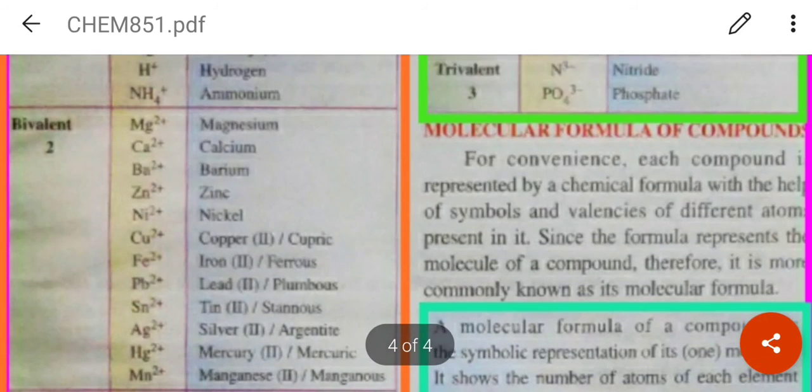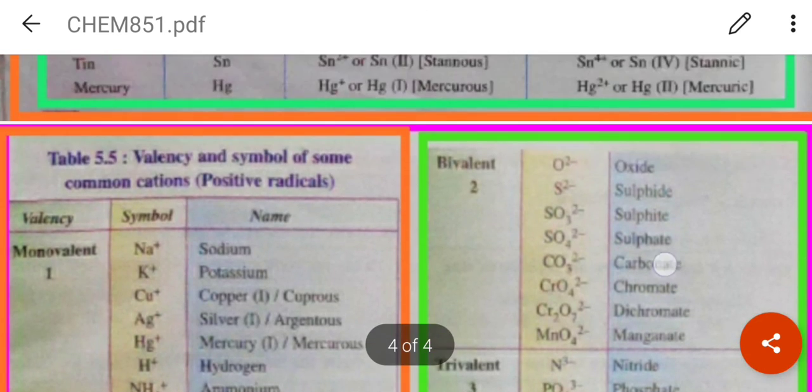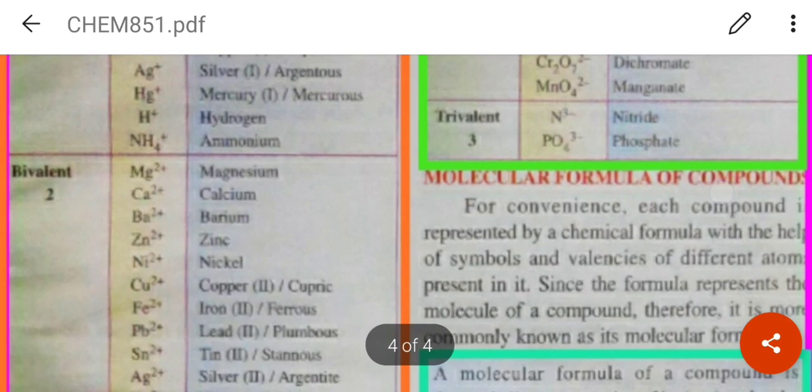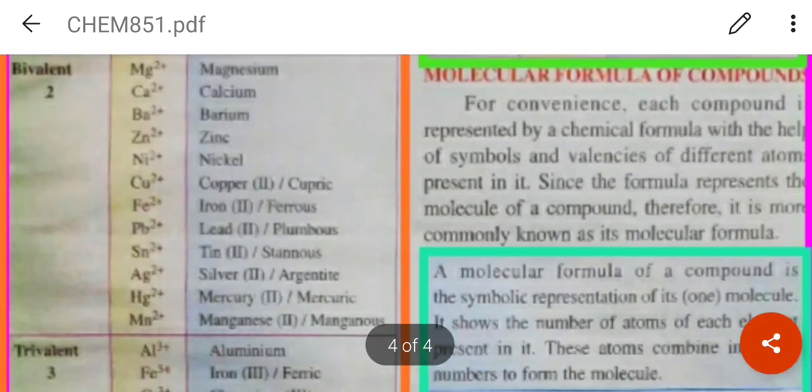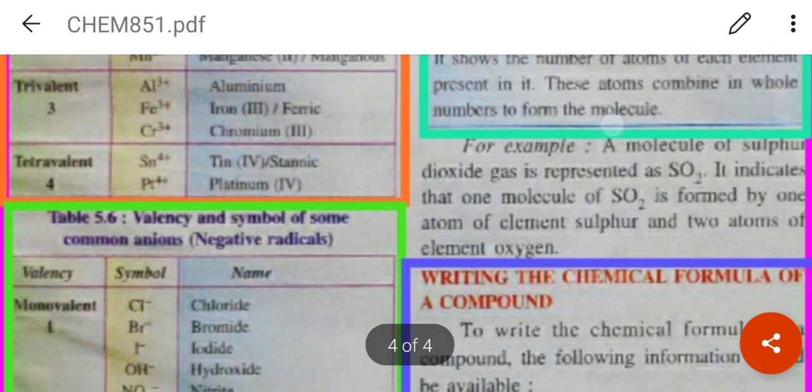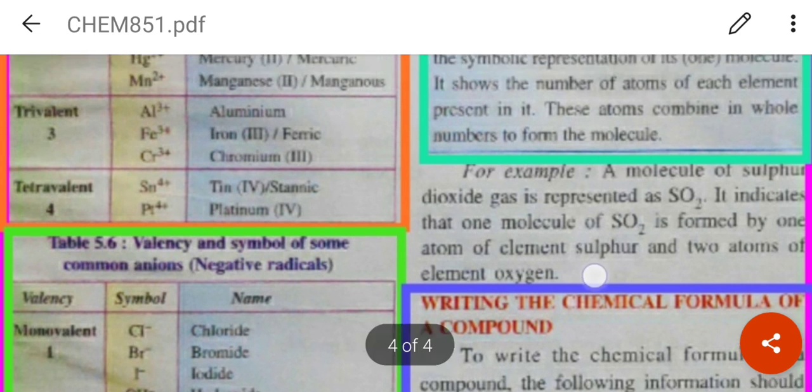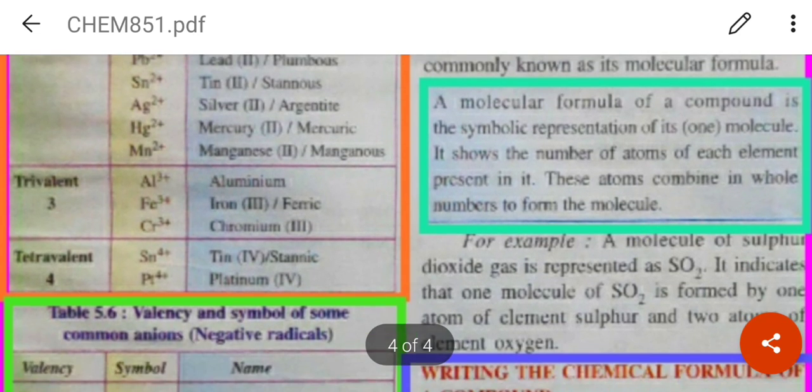So, all this you need to keep in your mind, okay. So, they might be monovalent, bivalent, trivalent or tetravalent, okay. So, what happens for a molecular formula? We take the help of the symbols and the formula, okay. It is the symbolic representation of one molecule.